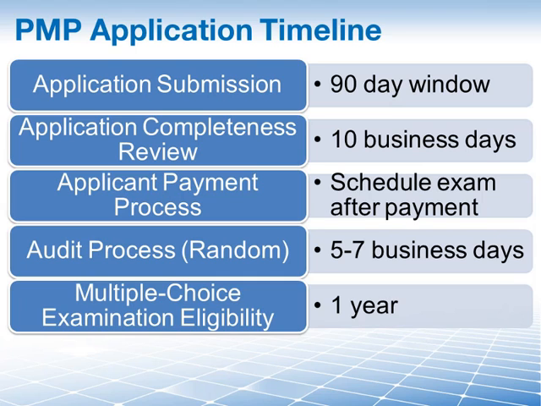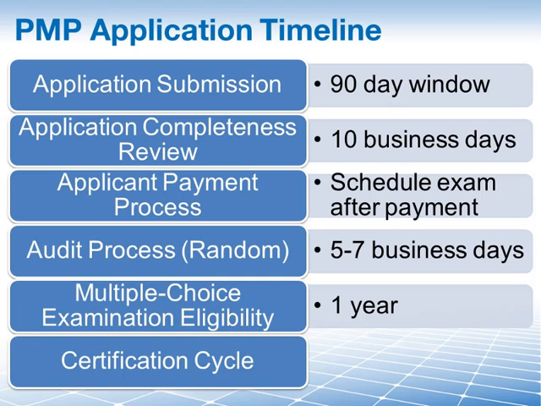And once you have successfully passed your exam, well, there is the certification cycle, or rather the recertification cycle. Every 3 years, you're going to have to recertify your PMP exam, and we'll look at that later on when we talk about professional development units.